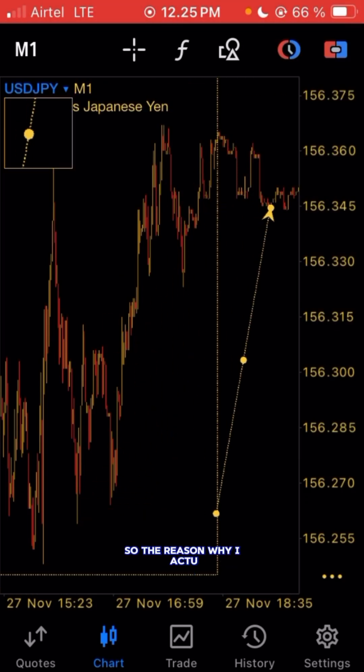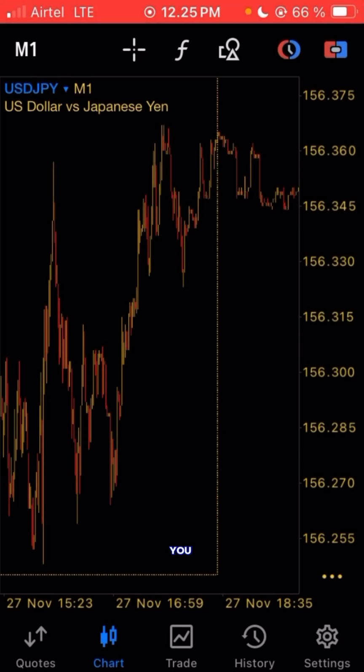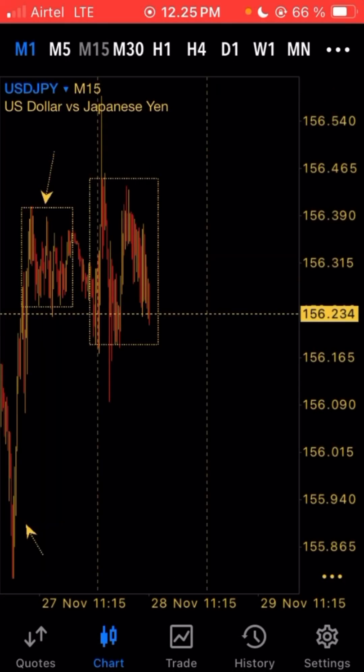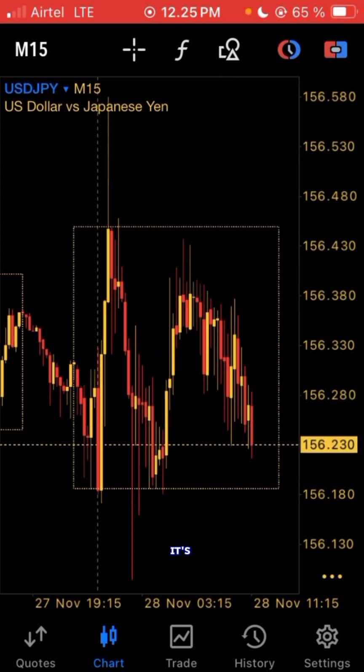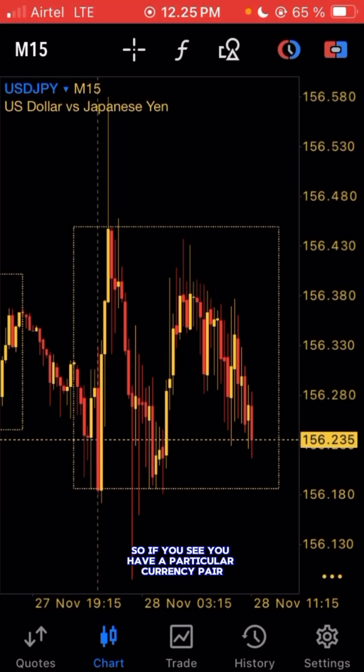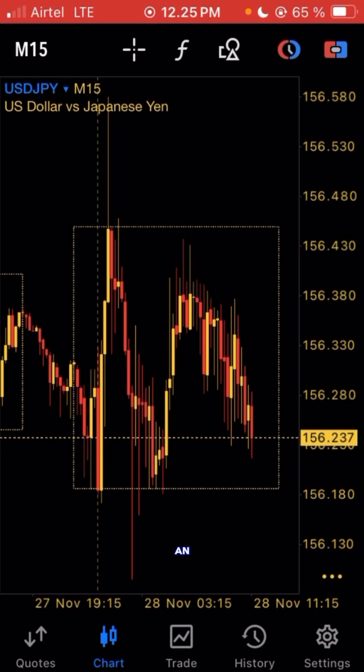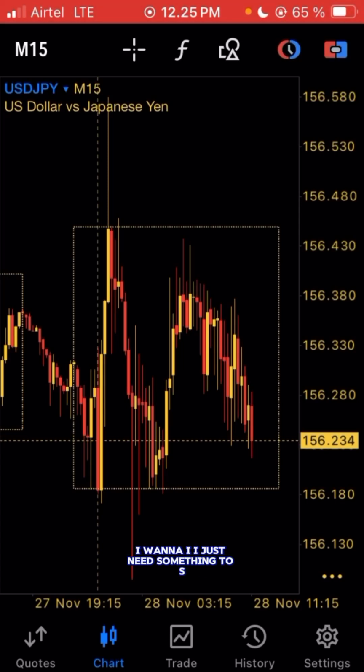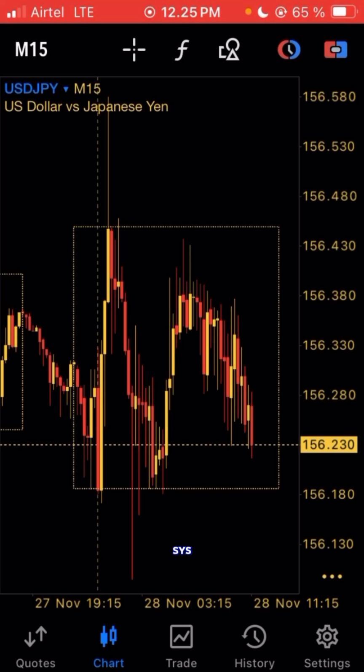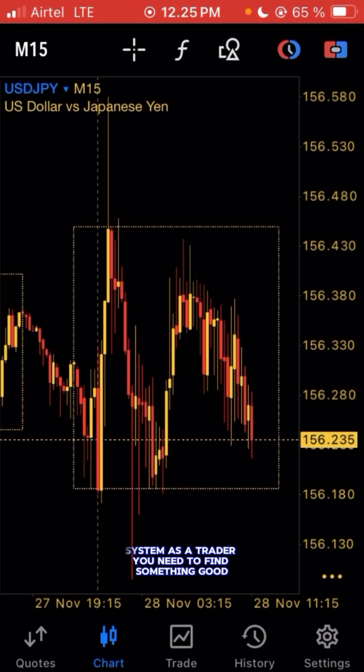So the reason why I actually brought out this pair, you might look at it as very simple, it's just specific, it doesn't produce too much movement. The reason is because, like I said earlier, it's not just for beginners but for professionals as well. So if you have a particular currency pair and you are confused, you just need something to stick to, something to add to your record, to add to your system as a trader, you need to find something good.